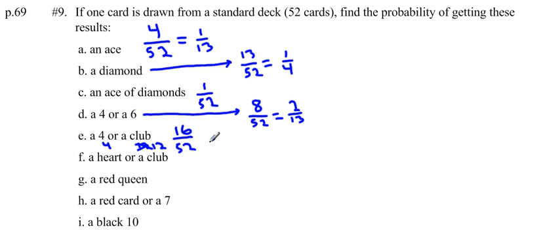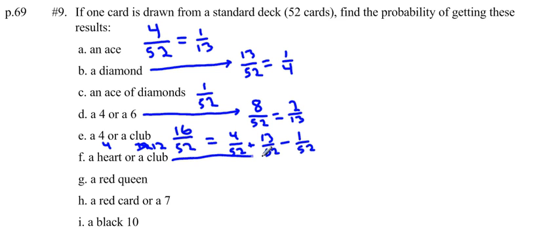And again, that fraction could be reduced. Some people like to think of it that way. Other people will say, let's take the 4 4s and add to it the 13 clubs, and then subtract the overlap, the 1 card that is the 4 of clubs. Either way you think of it, you get 16 out of 52.